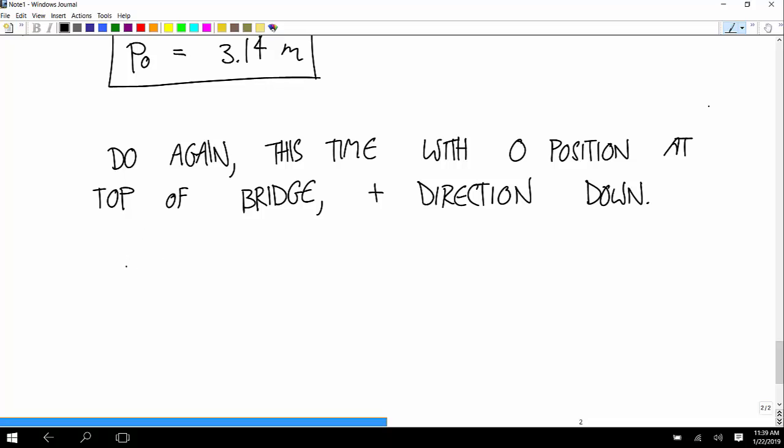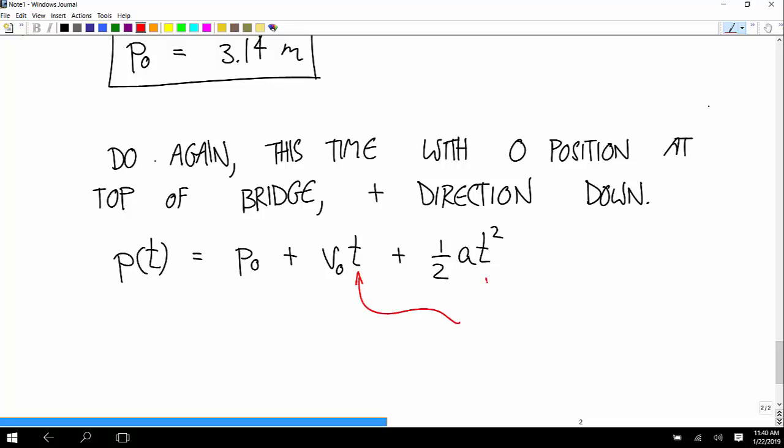So again, I'm going to use the equation that says P of t is equal to P0 plus v0 times t plus 1/2 a t squared. And I didn't change anything about my time equals 0, so this t is still going to be 0.8.